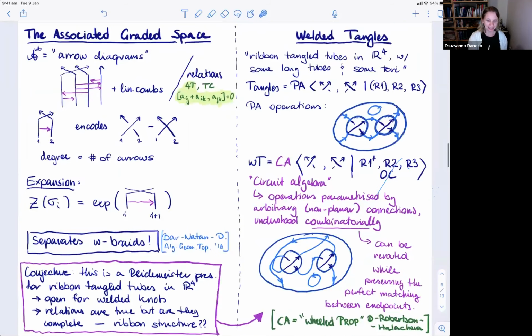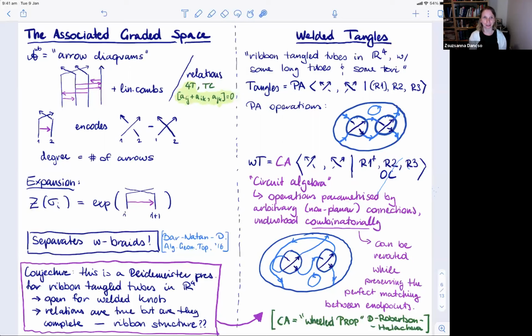So you extend it so that it commutes with stacking and with linear combinations, and you get something that satisfies the defining property of expansions, and it also separates welded braids.